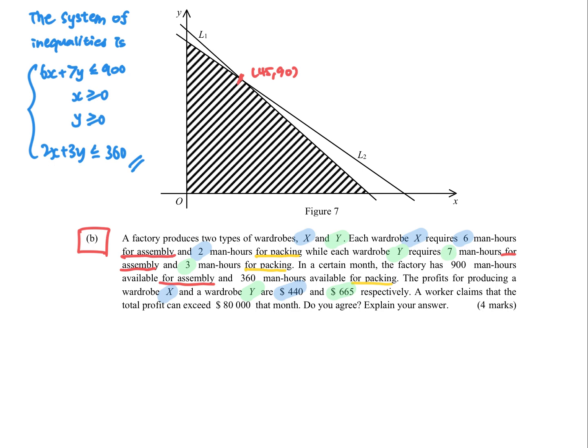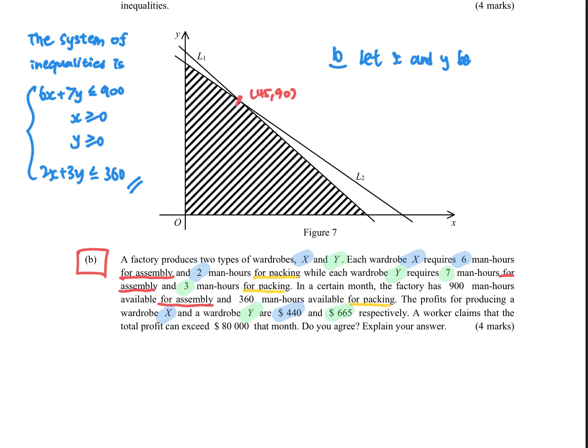Now first of all, it is about the numbers of wardrobes X and Y produced. So first of all in part B, let x and y be the numbers of wardrobes X and Y produced that month respectively.